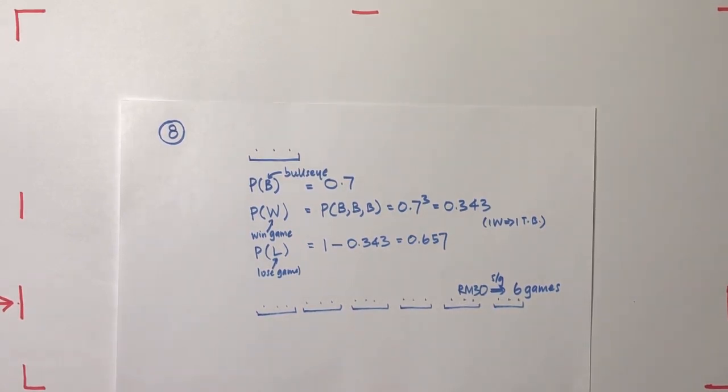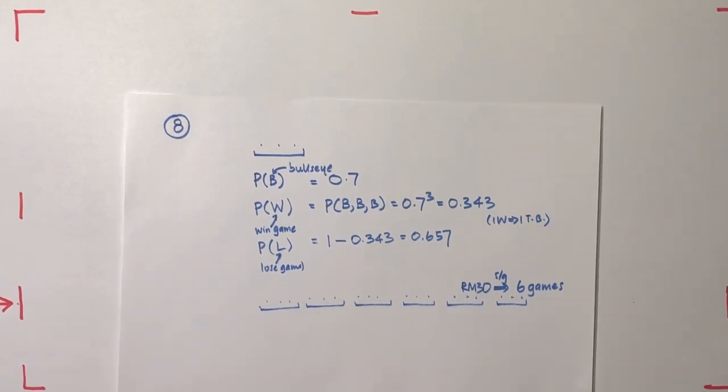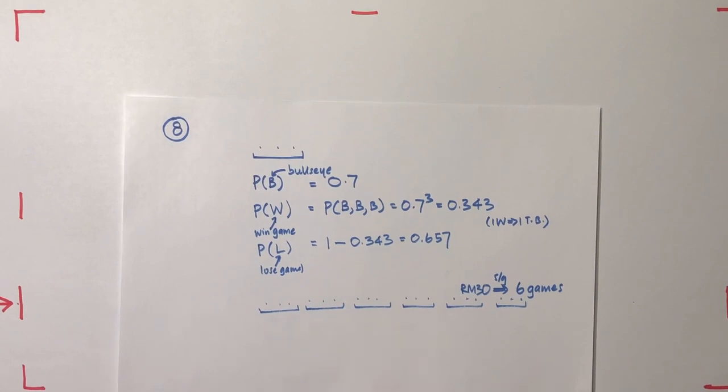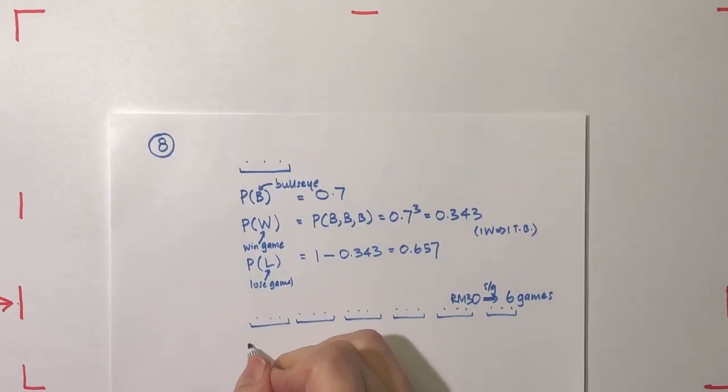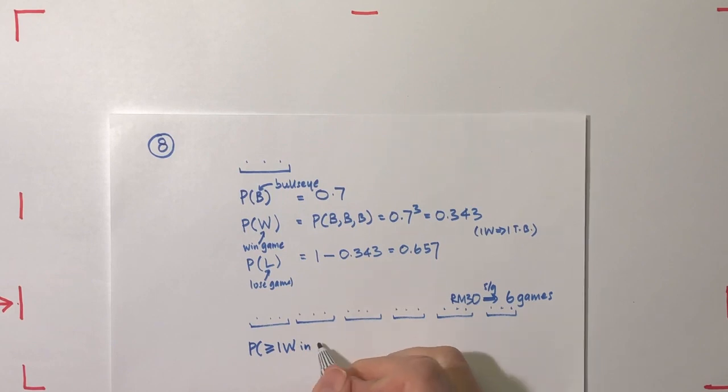The question is, what is the probability of winning at least 1 of these 6 games? So the probability of winning at least 1 of these games, which is, let's call it more than or equal to 1 win in 6 games.